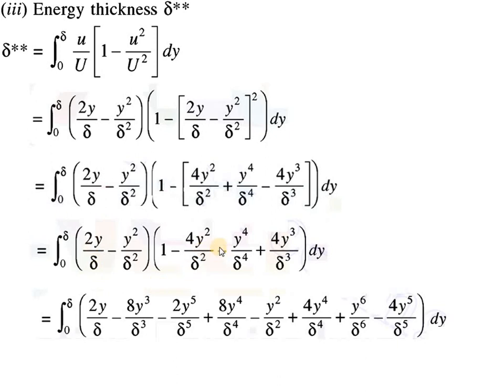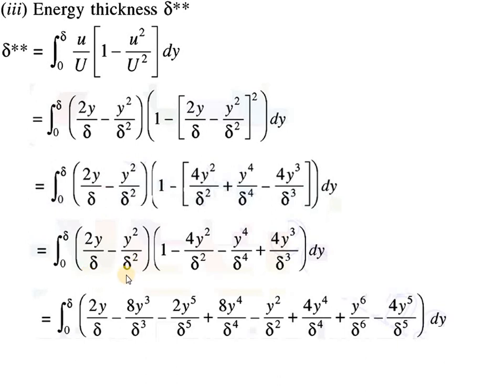Then 2y by delta into negative y raised to 4 upon delta raised to 4, so 2 times y raised to 5 upon delta raised to 5 negative. Then 2y by delta into 4y cube by delta cube, so that gives you 8y raised to 4 upon delta raised to 4 positive. So now these first 4 terms belong to the multiplication of the second bracket with the first term of the first bracket.